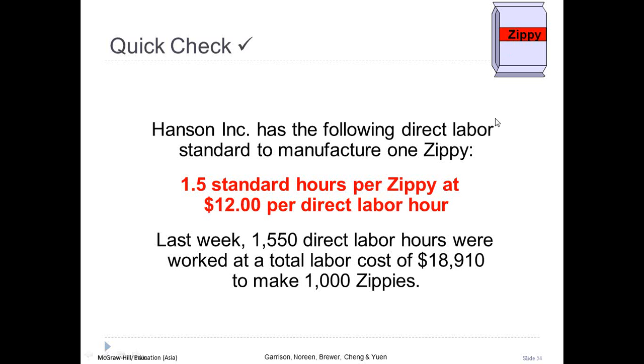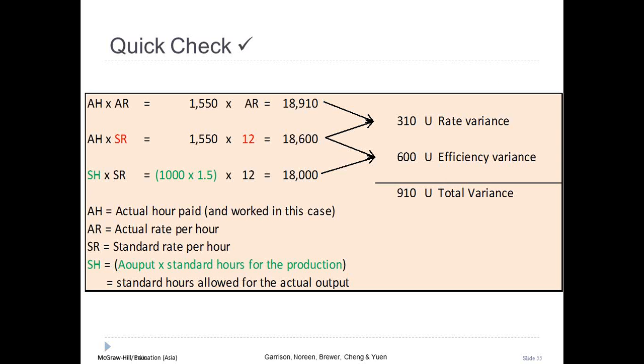In the third row, determining the flexible budget, we change the actual hours worked, AH, to the standard hours allowed for the actual production, SH, to help identify labor efficiency. In this area, the actual hours worked of 1,550 hours at the standard labor hourly rate of $12 per hour, valuing $18,600, is higher than the expected amount, the flexible budget, by $600, resulting in an unfavorable efficiency variance of $600.